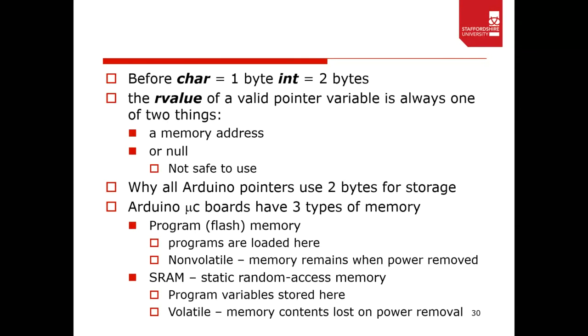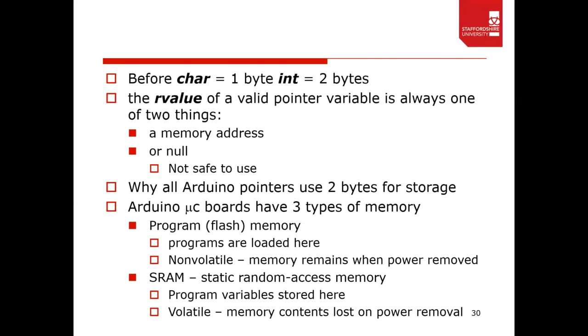All Arduino pointers use 2 bytes for storage, and the Arduino microcontroller boards have 3 types of memory. So they have flash memory, or where the programs are loaded, and it is non-volatile, so this memory remains when the power is removed. We have static RAM, SRAM, static random access memory.